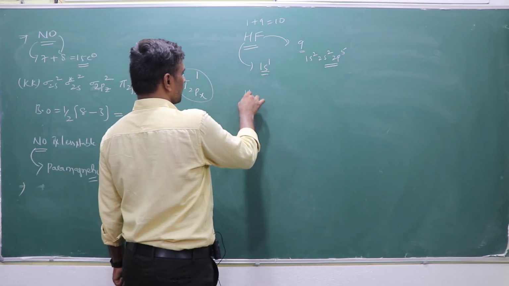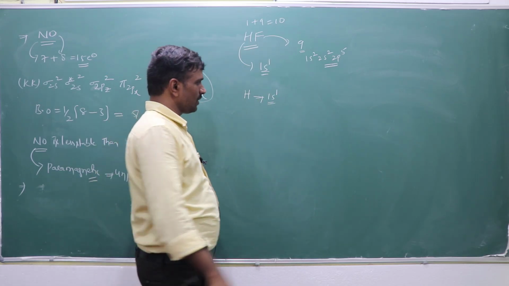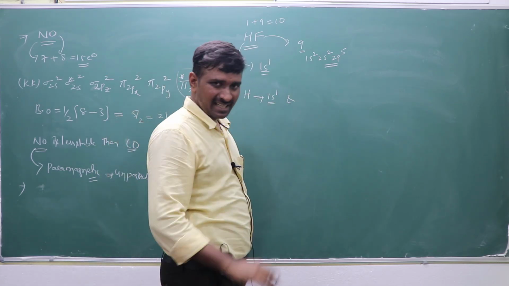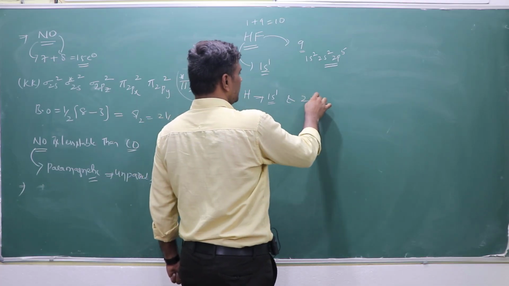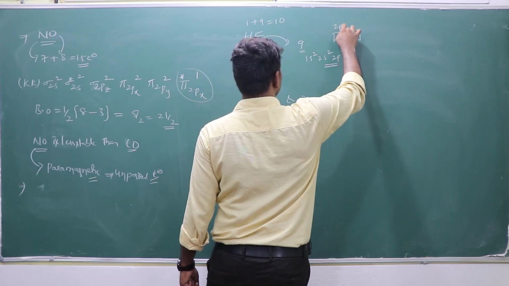Now in this case, only the 1s electron of the H takes place, and mixing takes place. In the 2p5 case, there are 2px, 2py, 2pz.